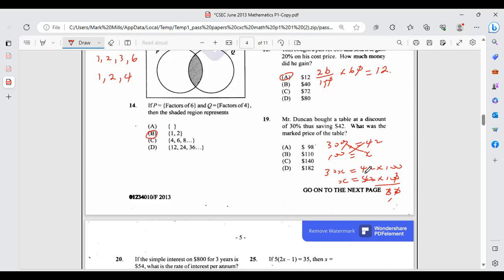So 14 times 10 gives 140. So the original amount was C, 140.